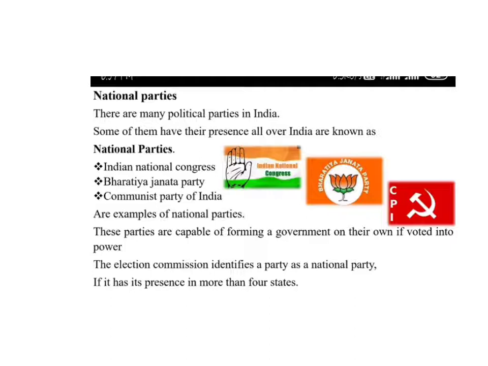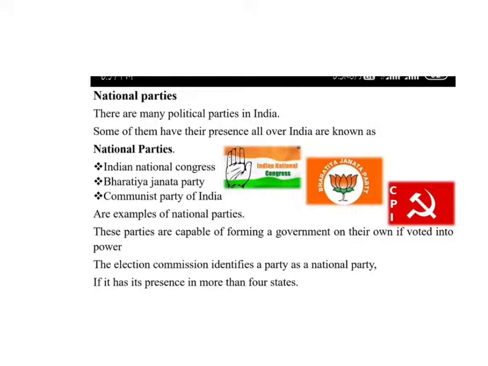It is the Election Commission of India which identifies which is a national party and which is a regional party. A national party has its presence in more than 4 states, as we will see in the next point. So the national parties are the Indian National Congress, Bharatiya Janata Party, and Communist Party of India, which have a presence all over India.